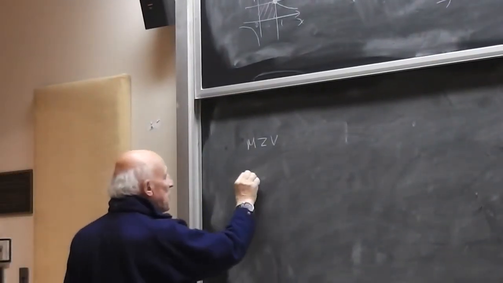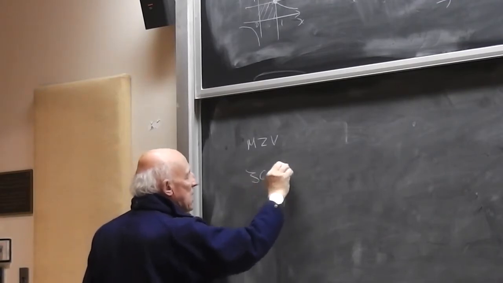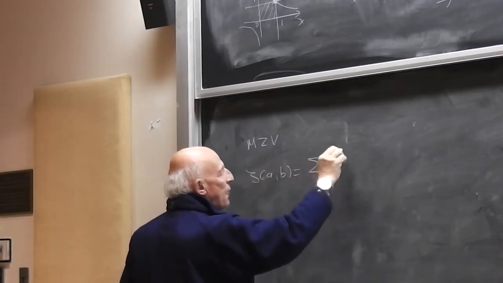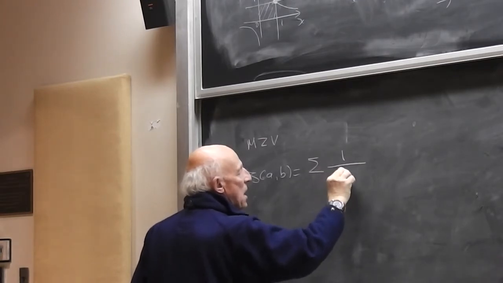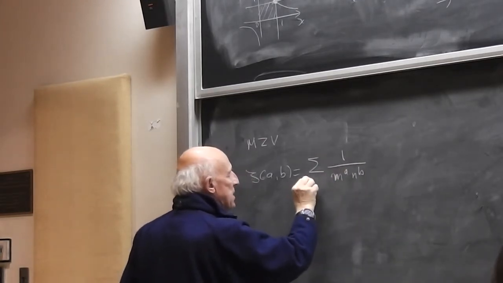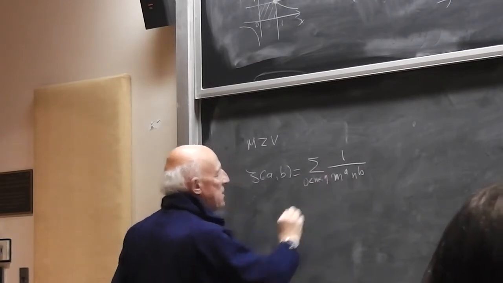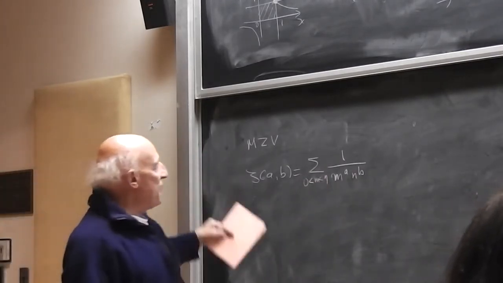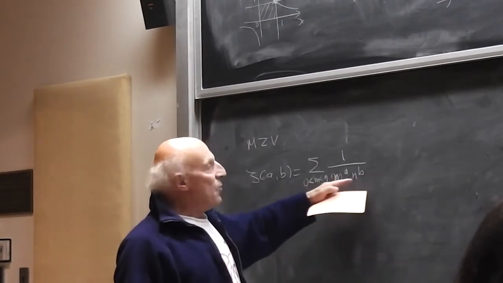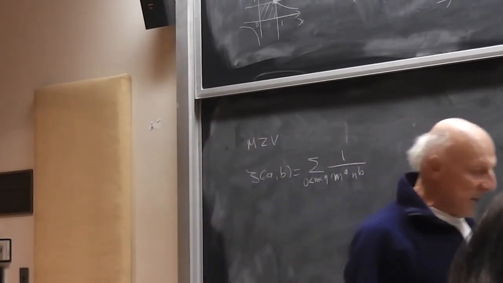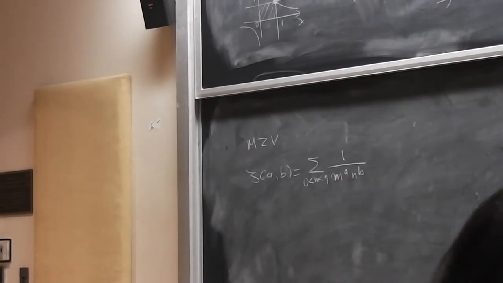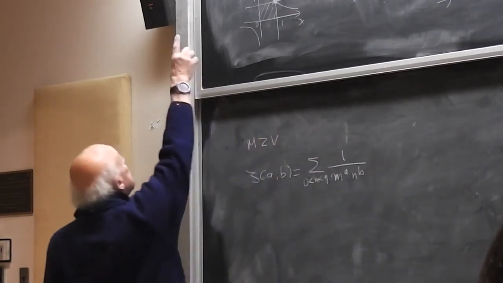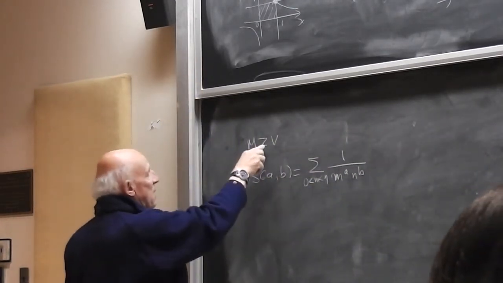For instance, a series which was already known to Euler, zeta(A,B), is a sum of 1 over m power A, n power B for 0 smaller than m smaller than n. And you can imagine higher-dimensional expressions of this kind. Instead of having a summation over two variables, you have a summation over many integral variables. So these numbers have been extensively studied as generalizations of the zeta values.